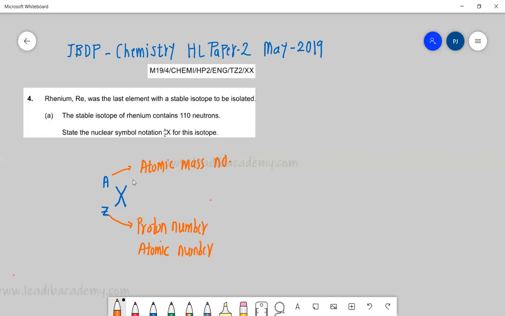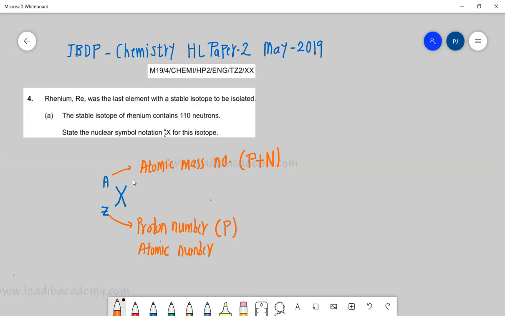So what is atomic mass number? Very simple. It simply means the number of protons plus neutrons, P plus N. And obviously proton number means just the protons. I'm using a shortcut.